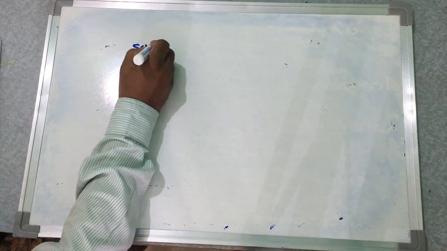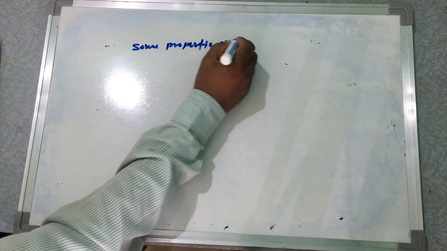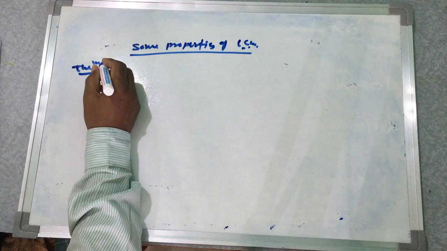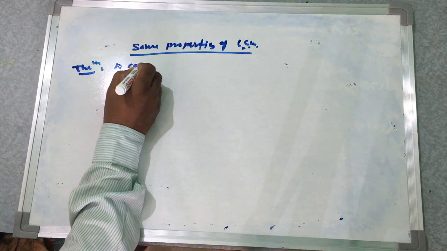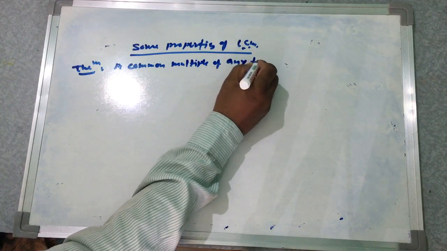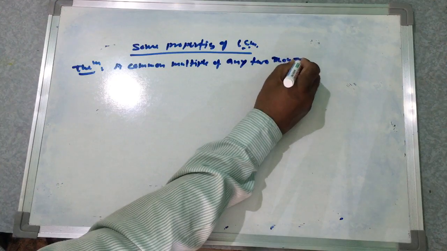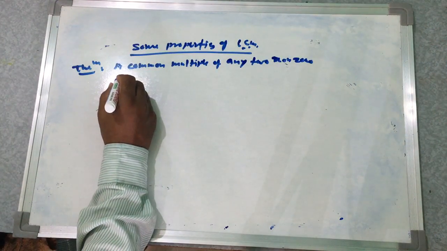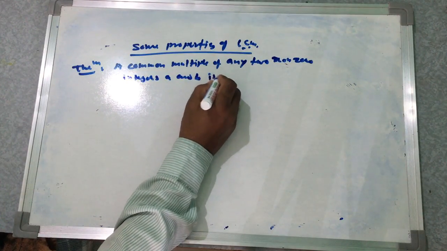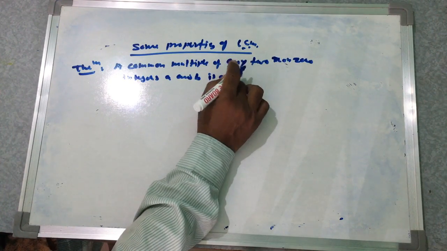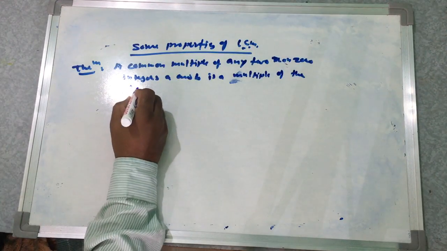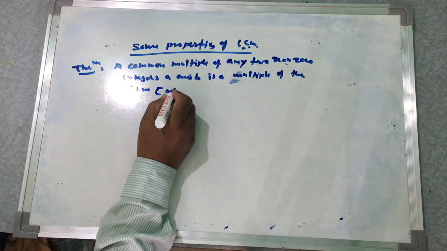Some properties of LCM. So the theorem is given: a common multiple of any two non-zero integers a and b is a multiple of the LCM, that is [a, b].